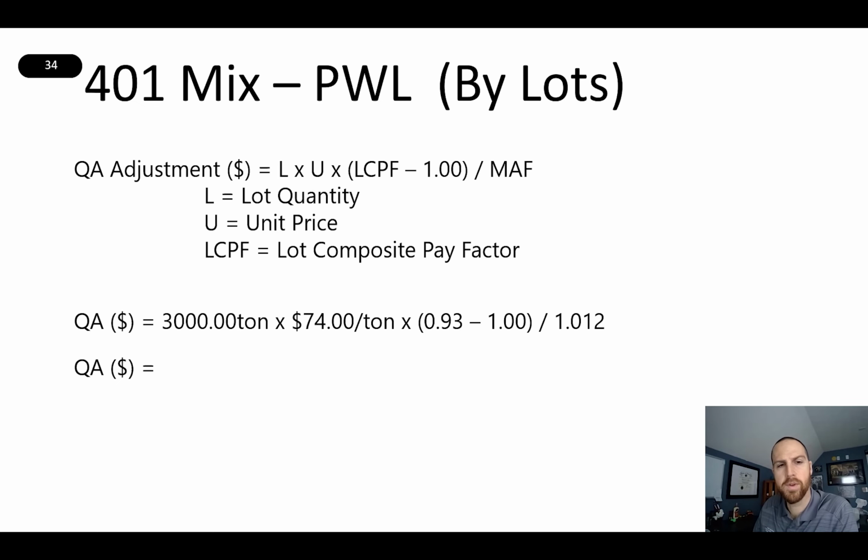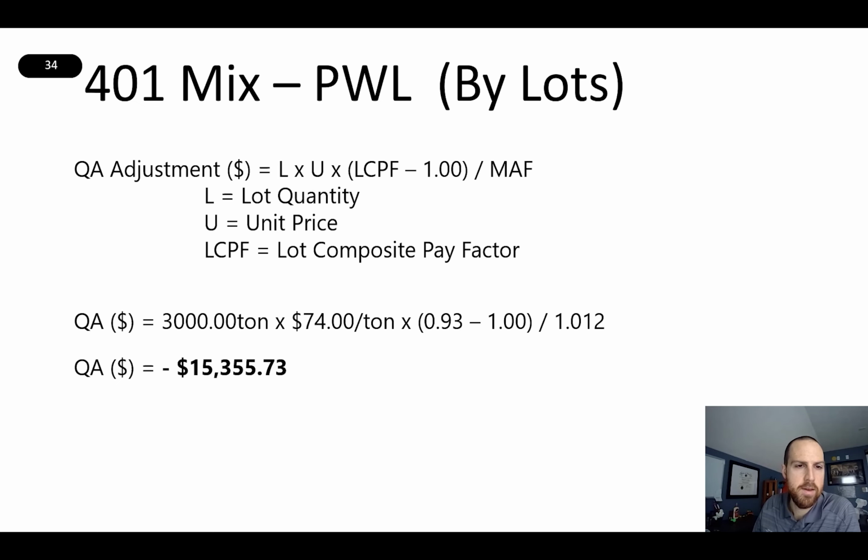So for this example, remember we're talking about surface, so 3,000 tons times $74 a ton times our lot composite pay factor of 0.93 minus 1 divided by our MAF, again that is a given.